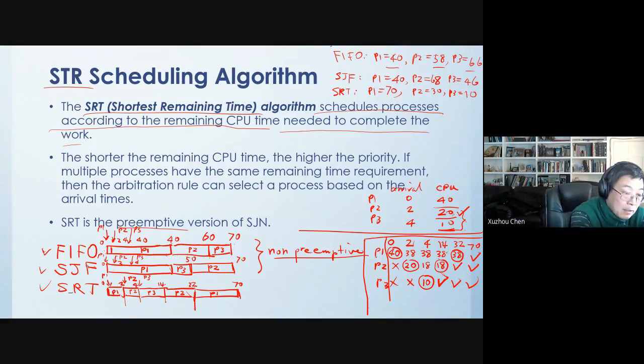So that's the CPU time for each process, for each of the scheduling algorithms. Now, what's the average? Let's take a look at the average, okay?